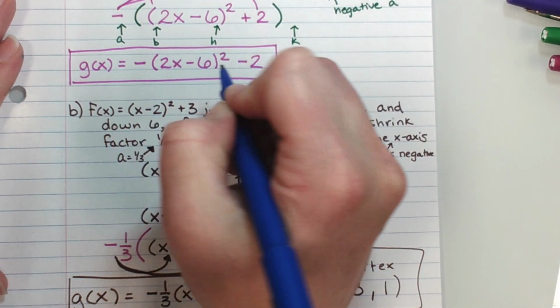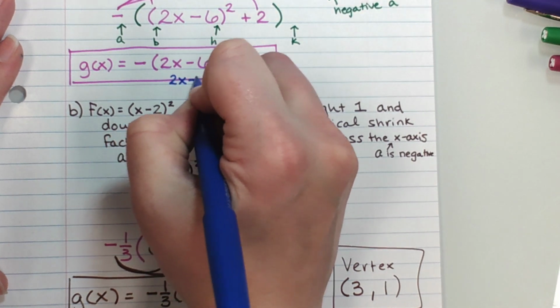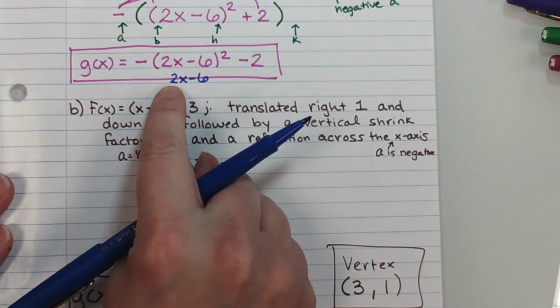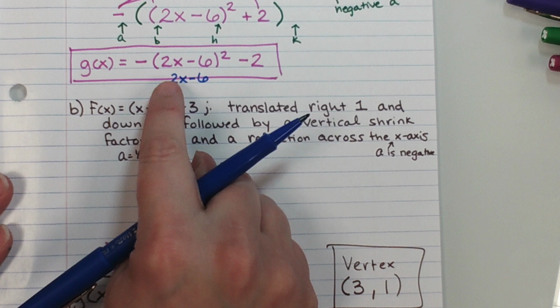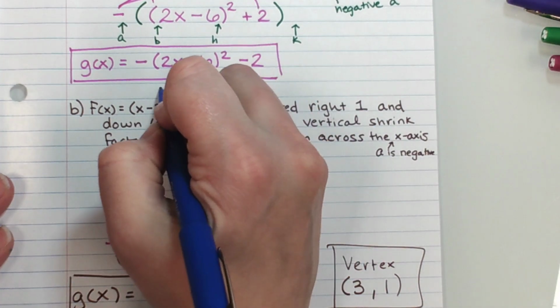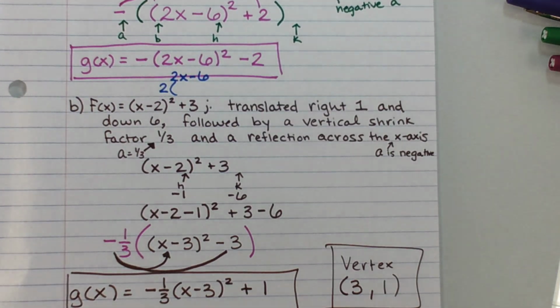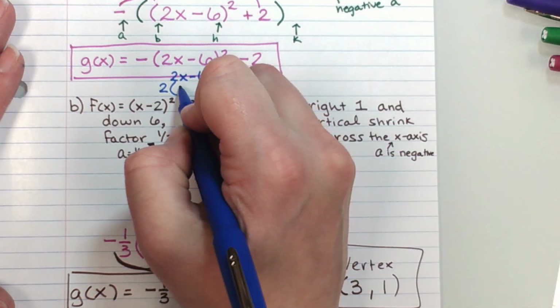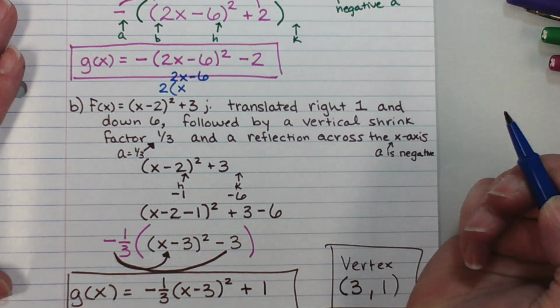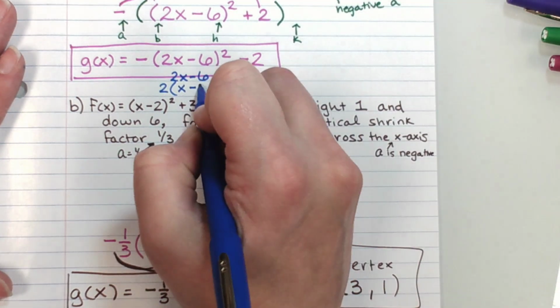Focus on that 2x minus 6. Get that B out of there. In other words, divide this out of both pieces. When I divide 2 out of that entire thing, I'm left with x and minus 3.